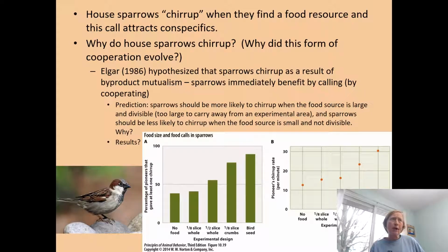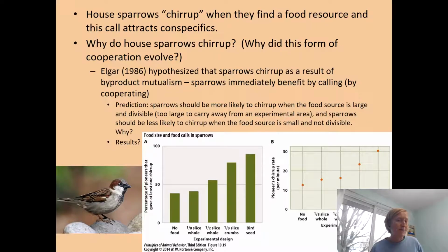Too large to carry away, to go in and grab and leave, and divisible, meaning that everyone can have a chance at it. If it's just a single large piece of food, it might not be better to chirrup, right? Because you're going to lose that food then. So they'll be less likely to chirrup when the food source is small and not divisible.